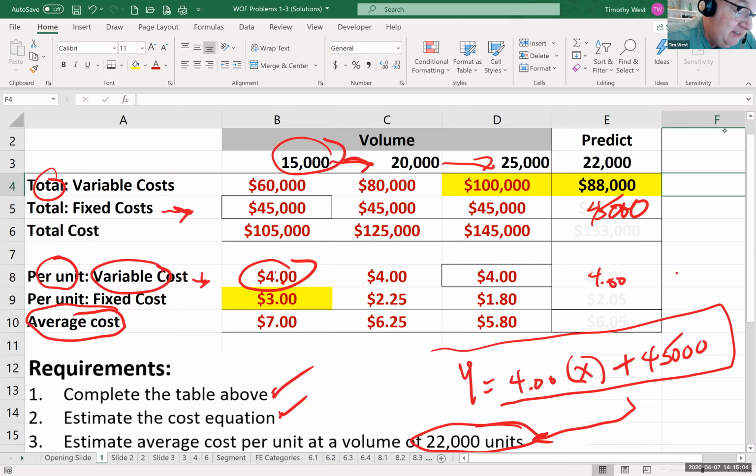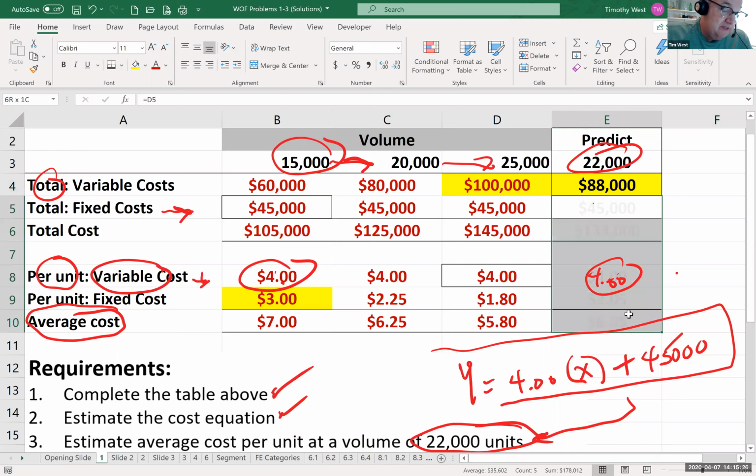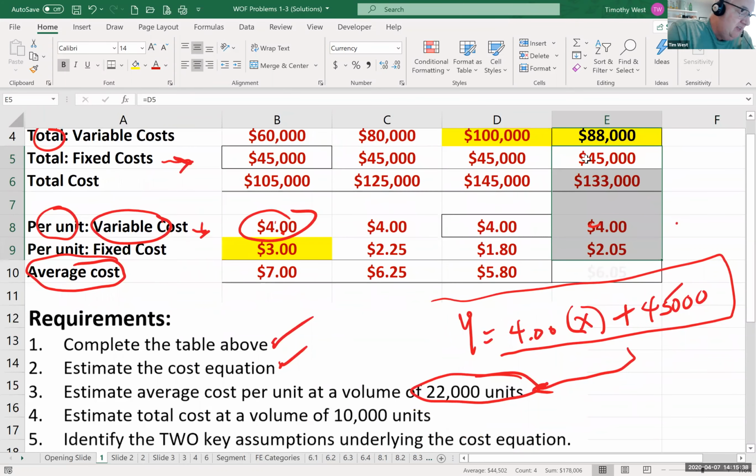And then I wind up with 133 as my total, because it's the 22 times the 4, and then I've got the 45 carried forward. So my answer to this one is going to be, magically and mystically, 133 in total. But the question asks for average cost.